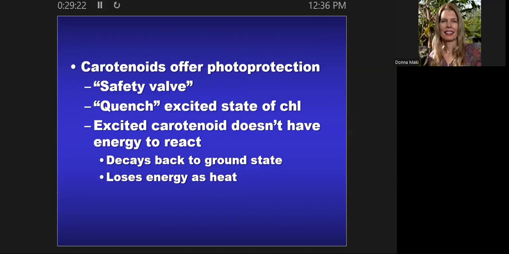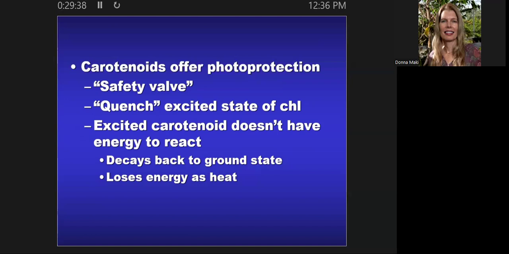Safer to deal with heat. So if you can take that excitation energy and create a situation where heat energy is the result rather than free radicals, you'll pick the heat energy. So these carotenoids seem to do that.